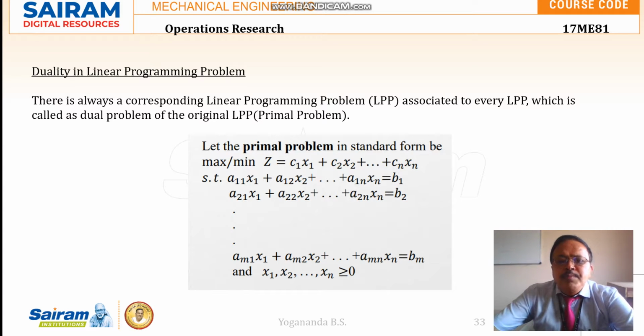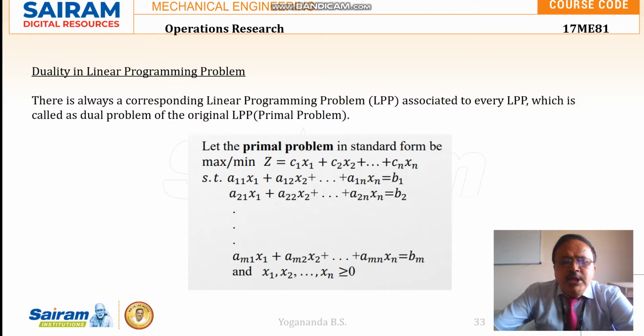Let the primal problem in the standard form be either maximize z or minimize z equal to c1 x1 plus c2 x2 so on till cn xn, subjected to the constraints a11 x1 plus a12 x2 plus so on till a1n xn equal to b1. So b1 is on the right hand side.